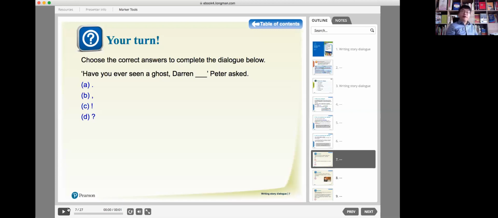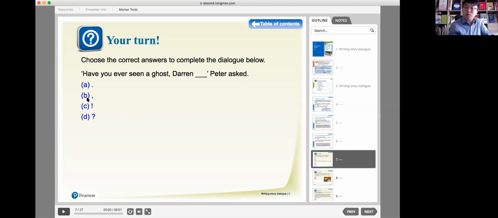Now, let's do some practice. First question, we do together. We have to choose the correct answers to complete the dialogue here. "Have you ever seen a ghost, Darren?" Peter asked. So pay attention to the reporting verb here, asked.